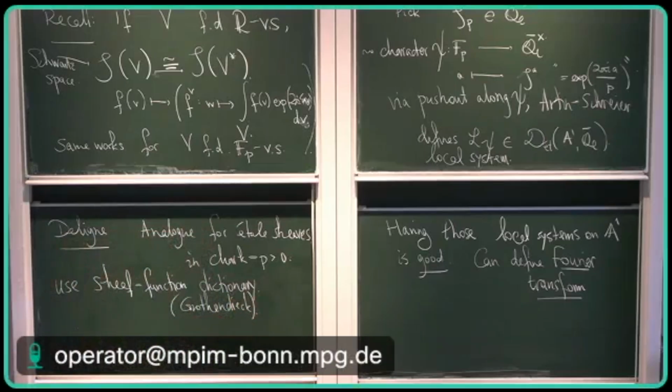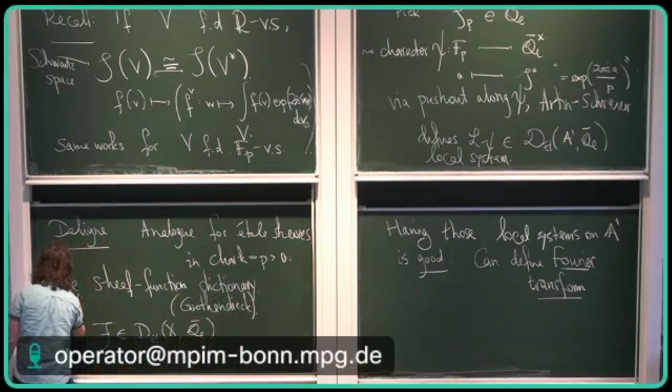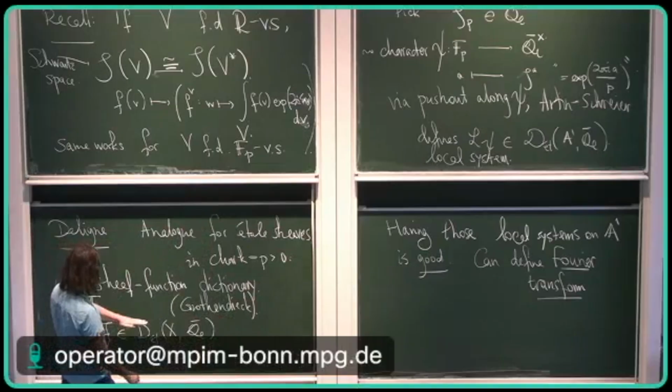Namely, if you have any sheaf on X Q bar, where X is now defined just over the finite field F_p, then this can be used to define something numerical, namely a function on the F_p points of X, the function from the F_p points of X to Q bar.